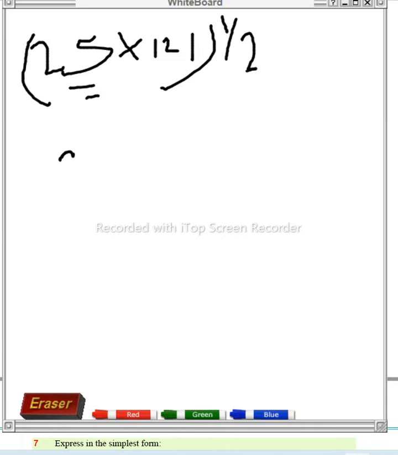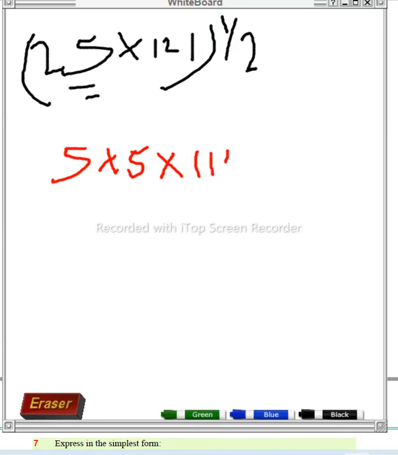Let us do it with a red pen. We have 25 means 5 to the power of 2, which means 5 times 5. Here we have 121 means 11 times 11.